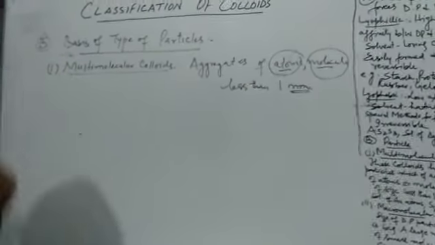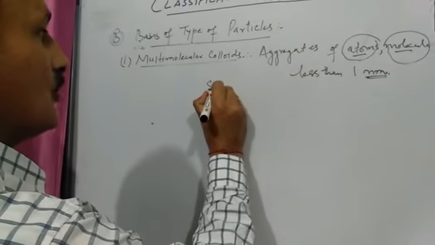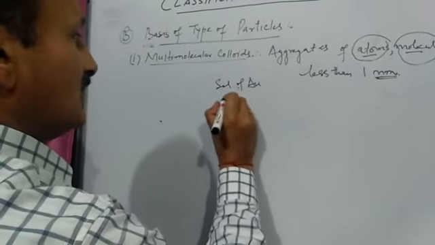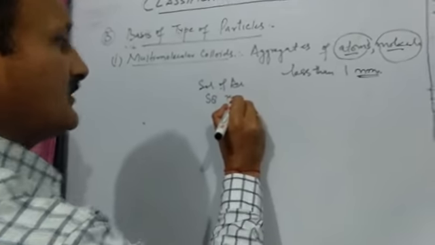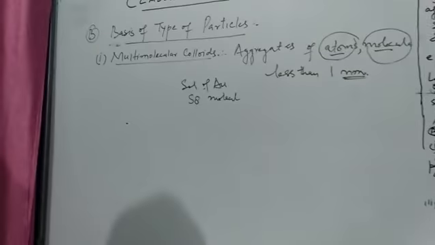Some examples of multimolecular colloids are solution of gold and sulfur, S8 molecules.